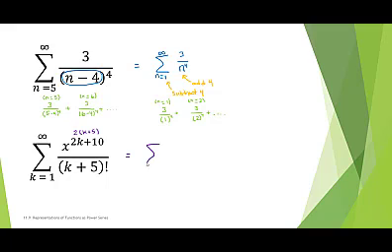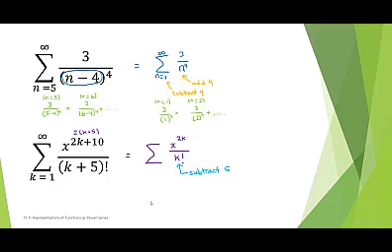So I would like to have a sum where my exponent on x is 2k, and in the denominator I have k factorial. So I have replaced all the k's here by k minus 5. So I've subtracted 5 from each k in the expression for my term.